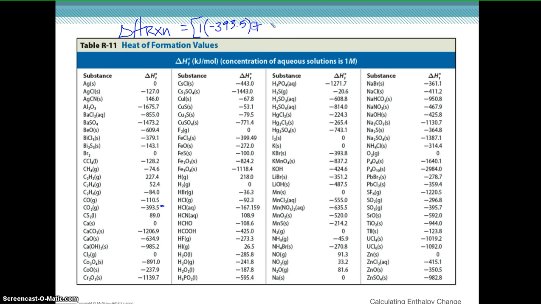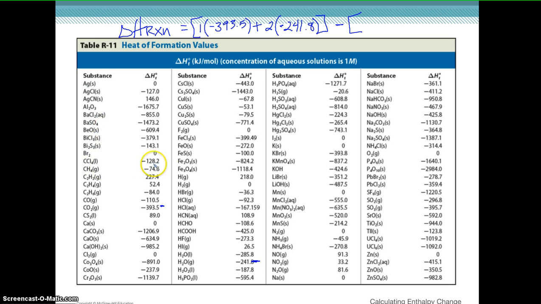And then we're going to add 2 moles times H2O gas. So let's come over here, look at our H's. We have H2O liquid, H2O gas. That's the one we want right there. So negative 241.8. Okay, so there are our products. Now we're going to subtract our reactants. Okay, so in our reactants, we have 1 mole of CH4.